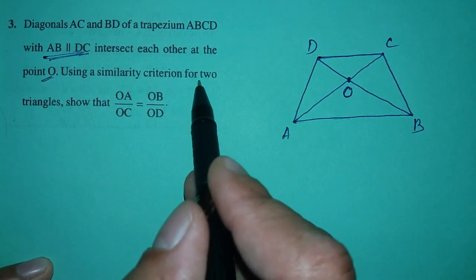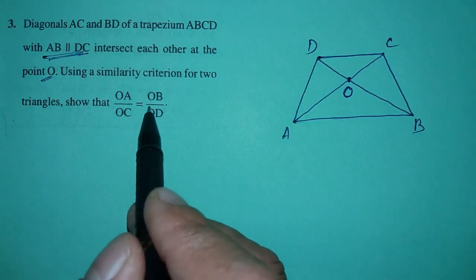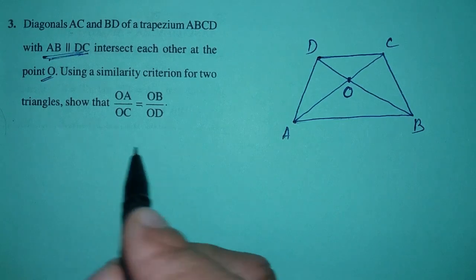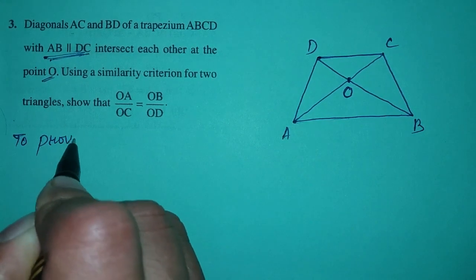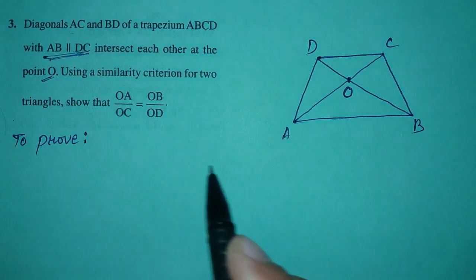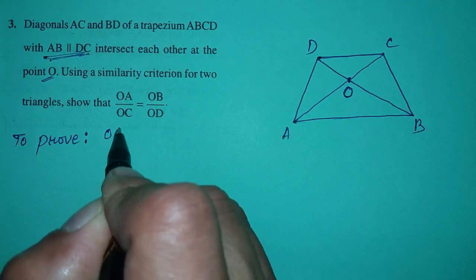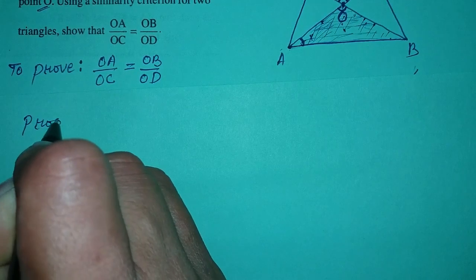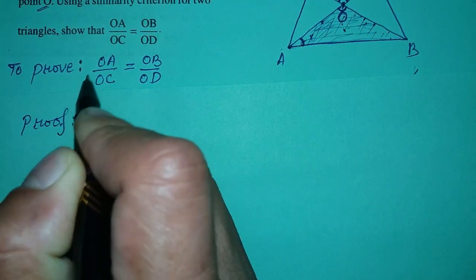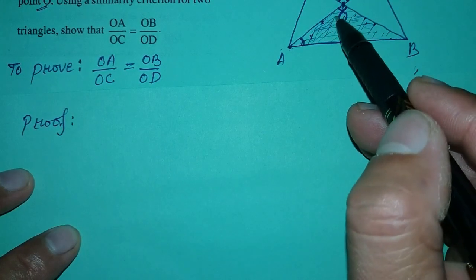Now using a similarity criterion for two triangles, we have to show that OA by OC is equal to OB by OD. So here we have to prove that OA by OC is equal to OB by OD. Proof. Now let's take these two triangles I have shaded here.